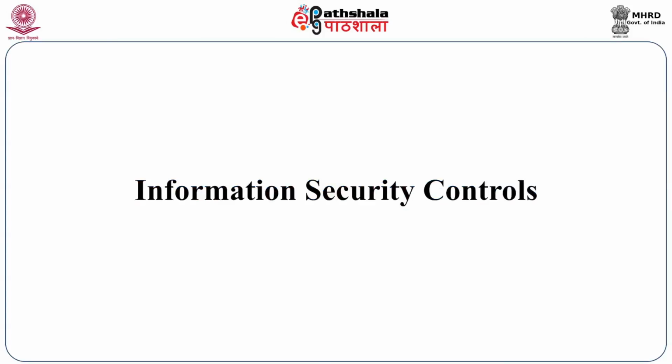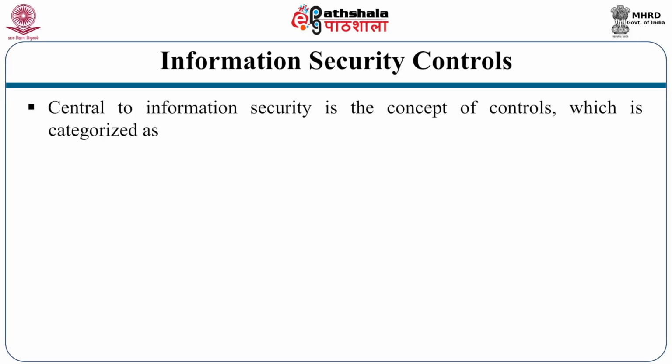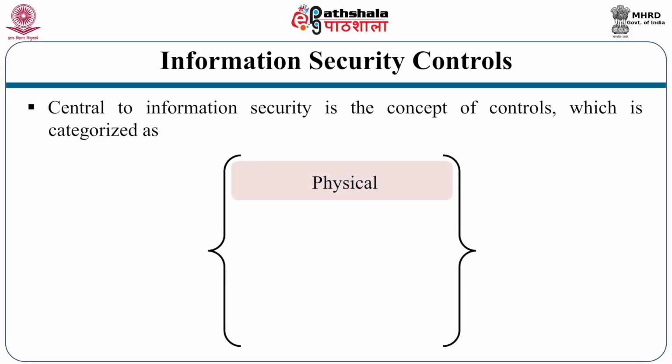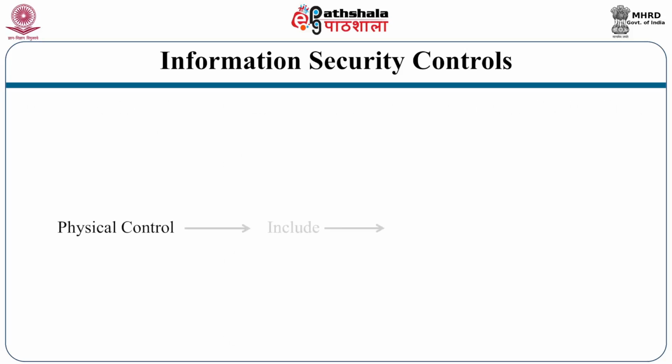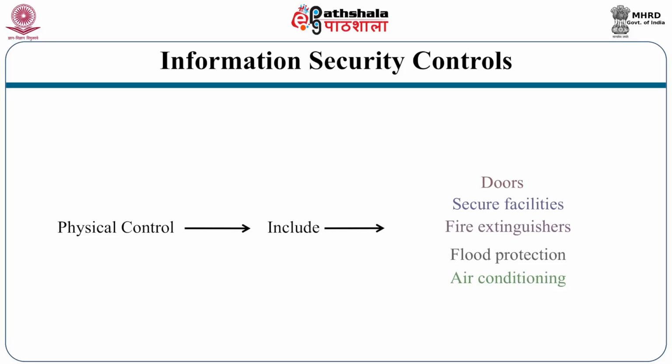Obviously, information security needs controls. The information security controls can be categorized as physical, administrative, technical, and functional. Physical controls include securing even the physical infrastructure like the doors or the fire extinguishers, flood protection, air conditioning, all these things which are needed to secure the hardware or the infrastructure.